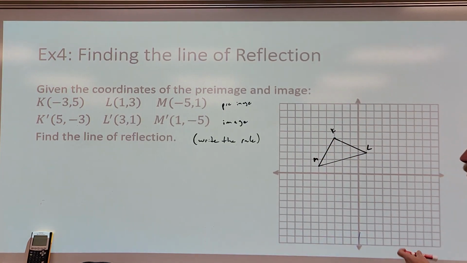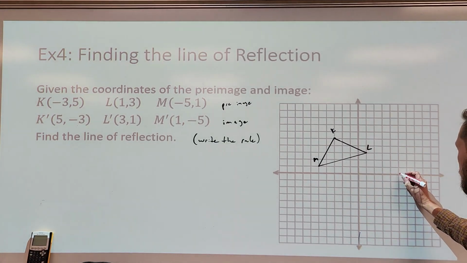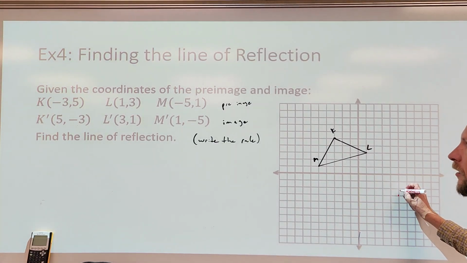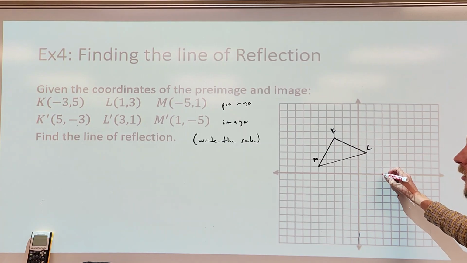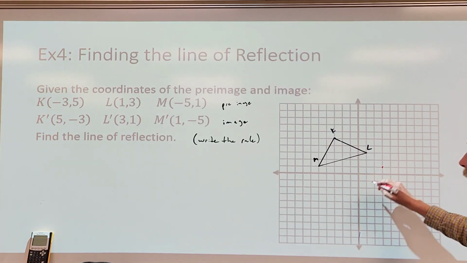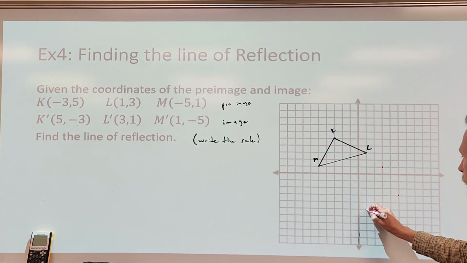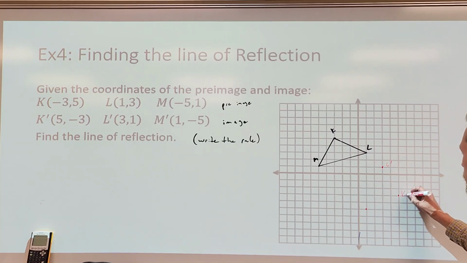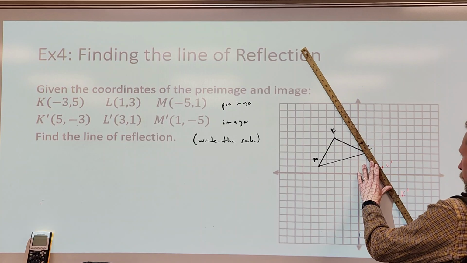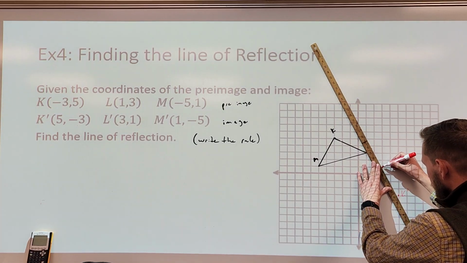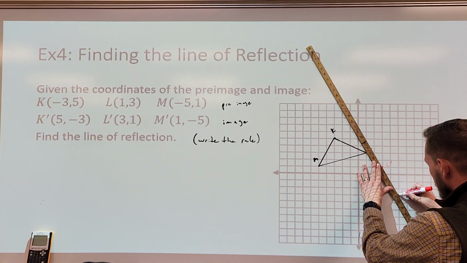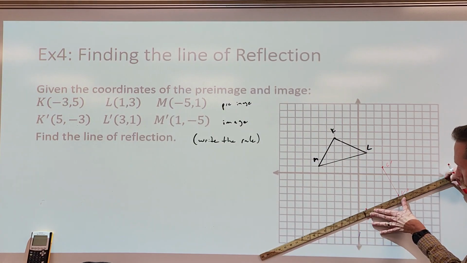I'm going to draw this one in red. 5, -3, 3, 1, and 1, -5. This is L prime, K prime, and M prime. All right, and now we can probably tell already, just guesstimating, where we think that line of reflection is going to be.